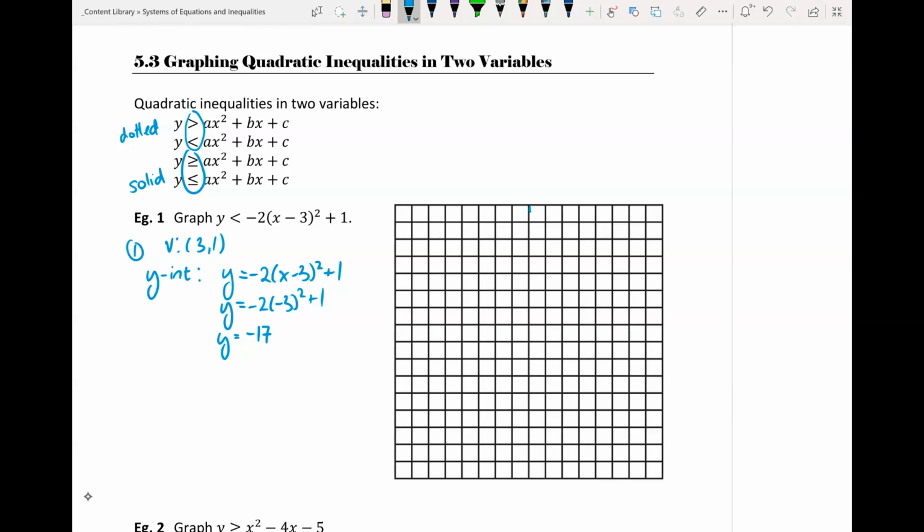I'm going to go ahead and graph our parabola using those 2 points. I'm going to go down by 2's here.